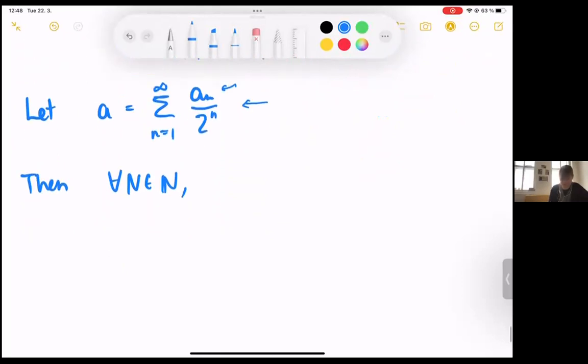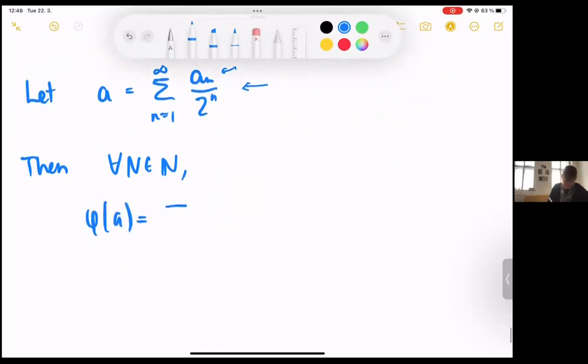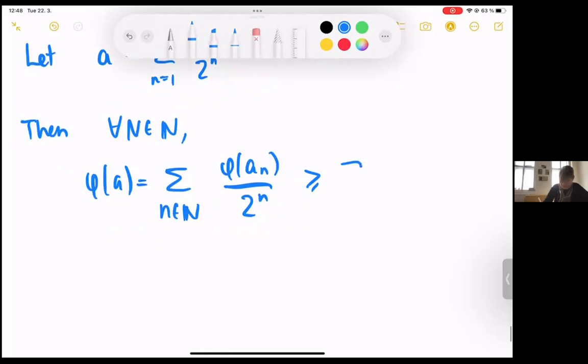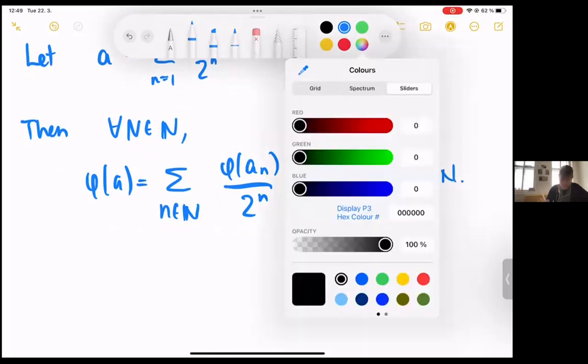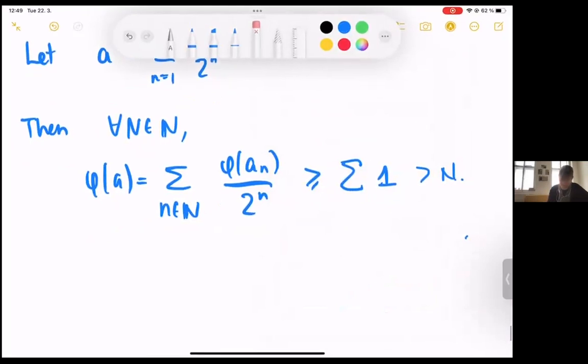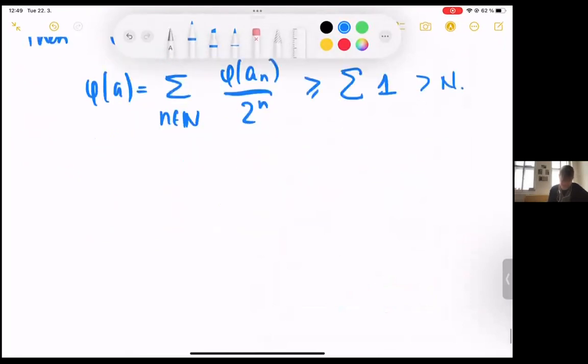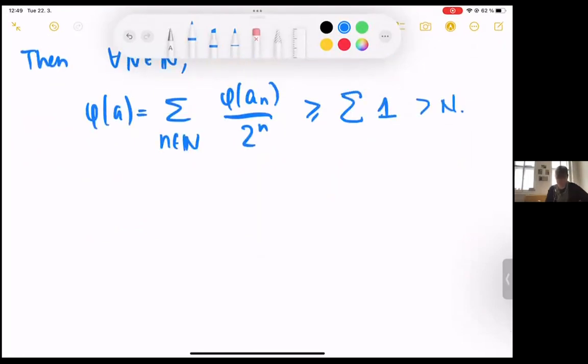So indeed, this will converge to something in A. So for all n, we have that phi of A is greater than n, which is, of course, a contradiction.